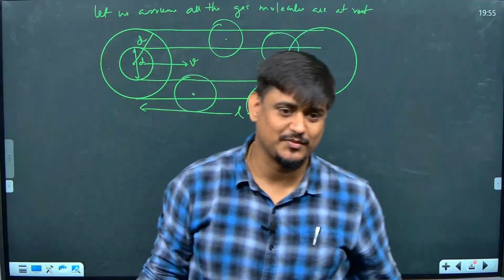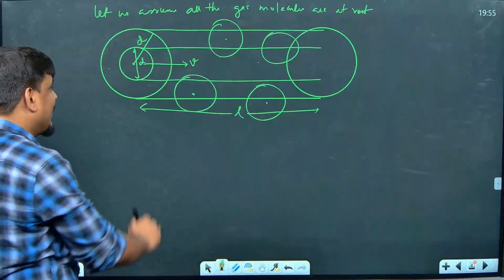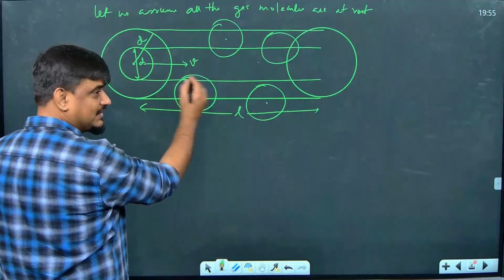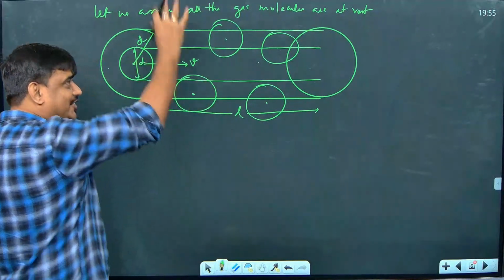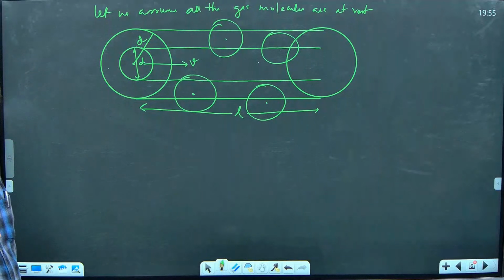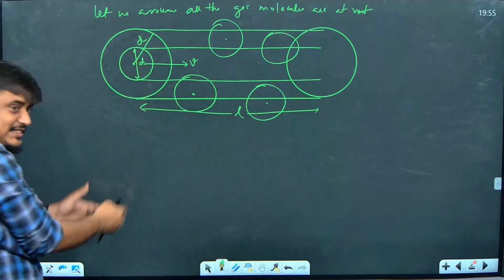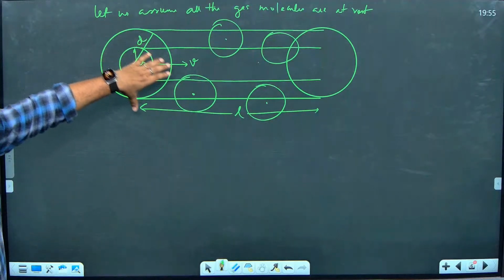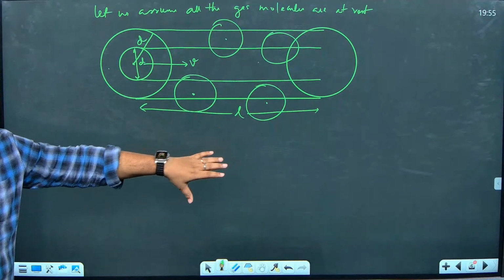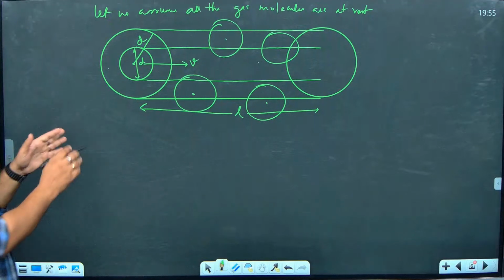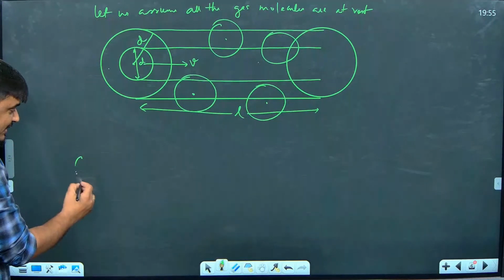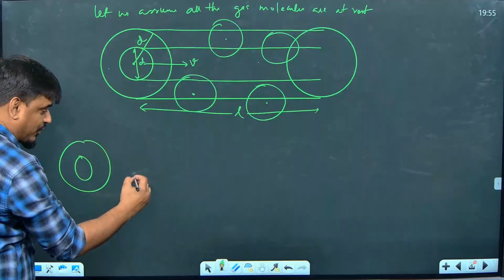First assumption. Second thing I will tell you: if it had gone and hit this, what would happen? Its direction also would change in reality. But the volume will not change. Wherever it goes, it will cover the same volume. Are you feeling it? Whichever direction it goes, the volume will not change. Direction will change, but see what will happen. I will draw that separately. Suppose it goes and hits some molecule here.